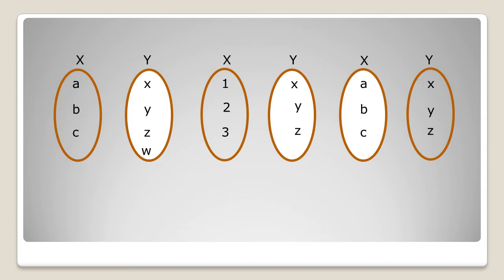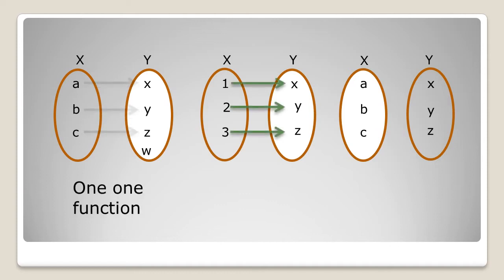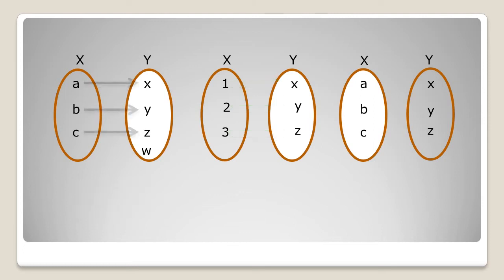We can give examples here. In the first example, the three elements a, b, c of the domain, which are distinct elements, are related to distinct elements x, y and z in the codomain. Therefore, it is a one-one function. Again, in the second example, the elements 1, 2 and 3, which are distinct, are related to distinct elements x, y, z of the codomain.